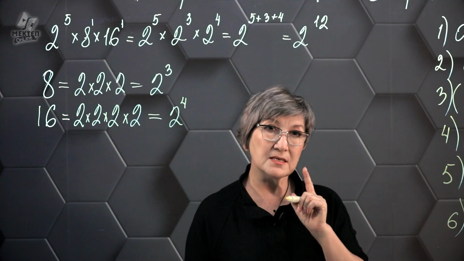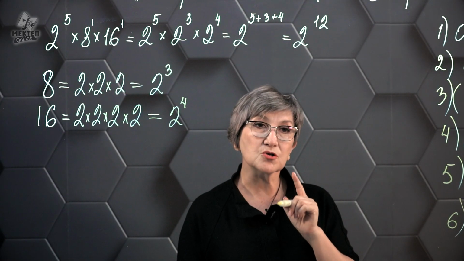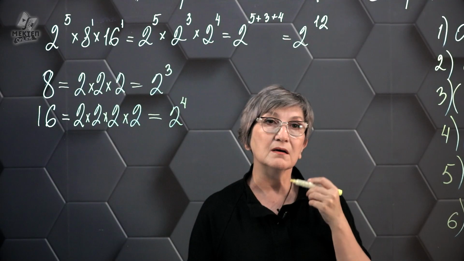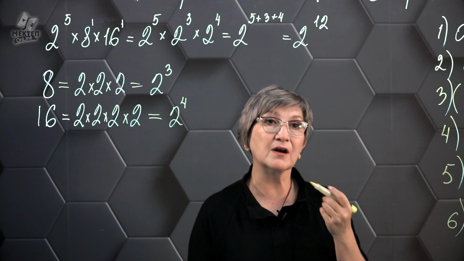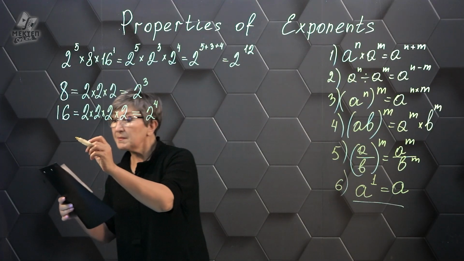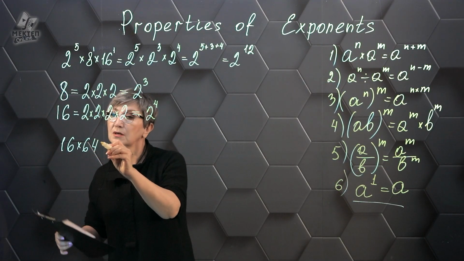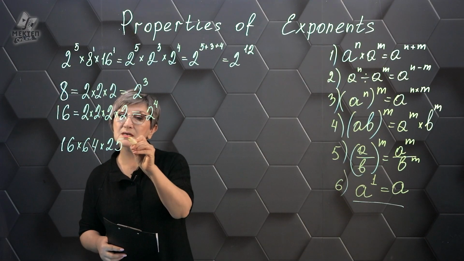Now, we're going to solve one example where I'm going to show that the same number can be represented as different numbers to different powers. The example looks like this: 16 times 64 multiplied by 256.